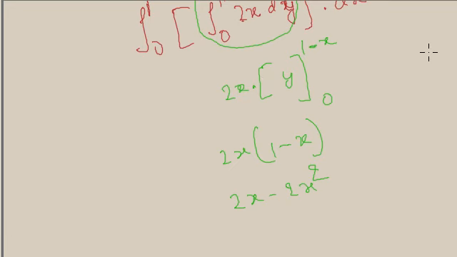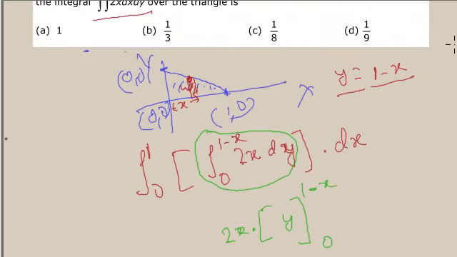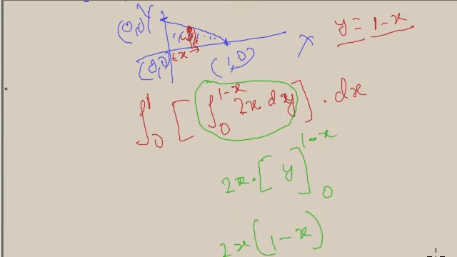Now if you put twice x minus twice x square here, you will find the integration from 0 to 1 of twice x minus twice x square dx.